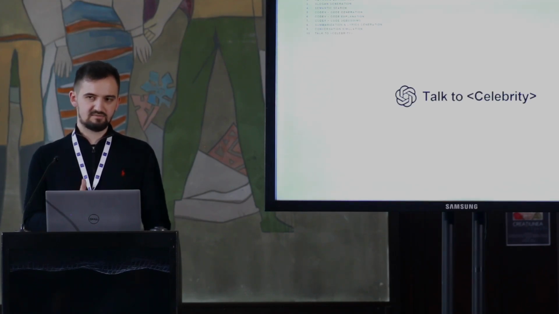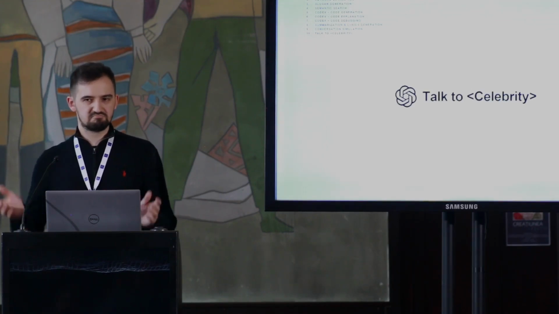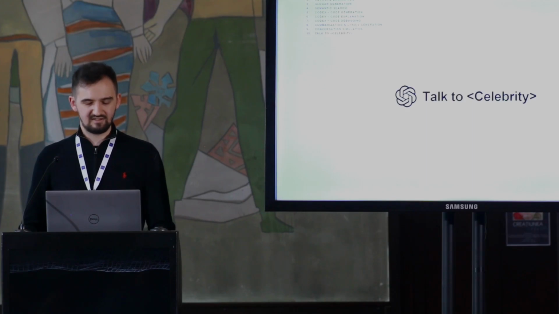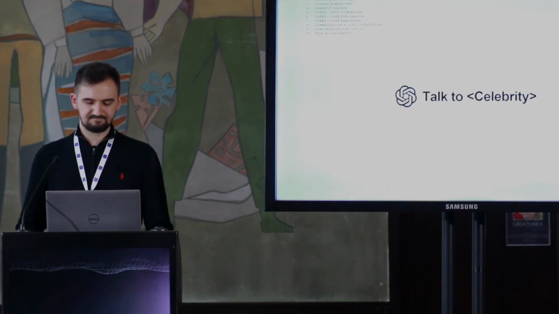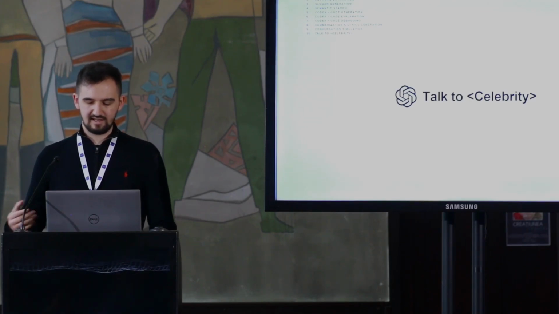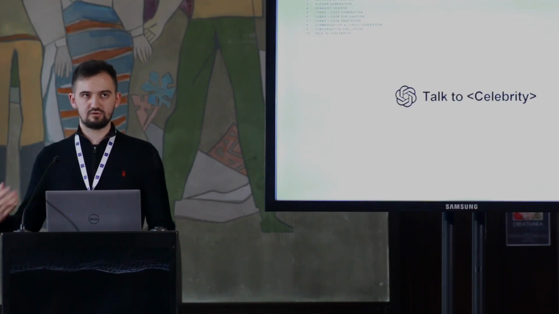But let's make GPT-3 imitate a celebrity like Steve Jobs or just anything you want and talk to that celebrity. What we're going to be doing is tell GPT-3 that we need it to speak in that specific celebrity style.